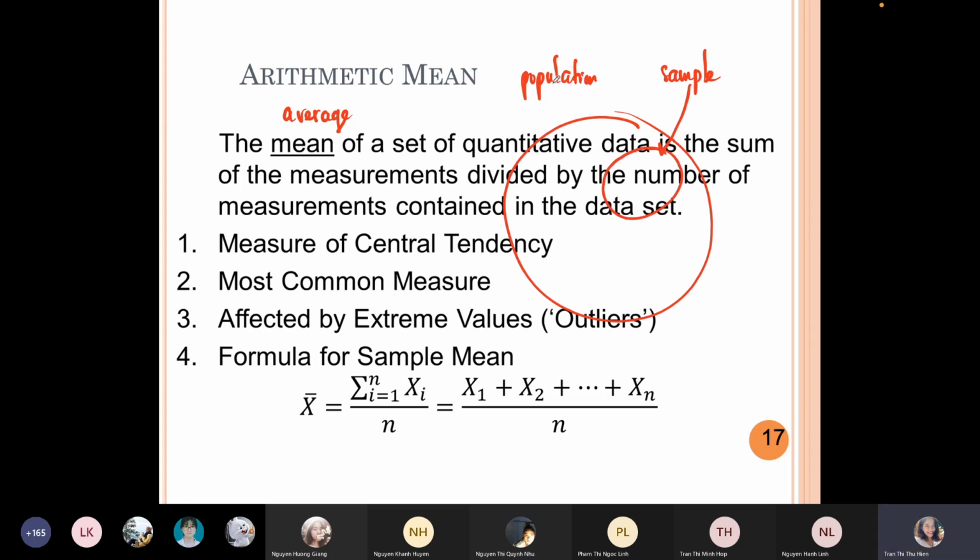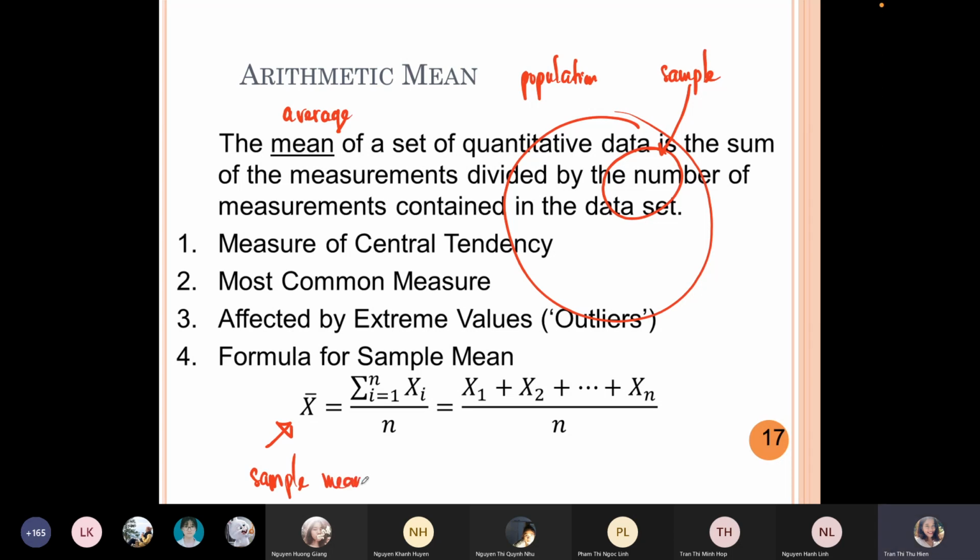So we have some notation for the mean of the population and the mean of the sample. For the population mean, we sum up all the values in the population and divide by the size of the population. For the sample, the same formula, but we denote it by x bar. This is the sample mean, x bar.